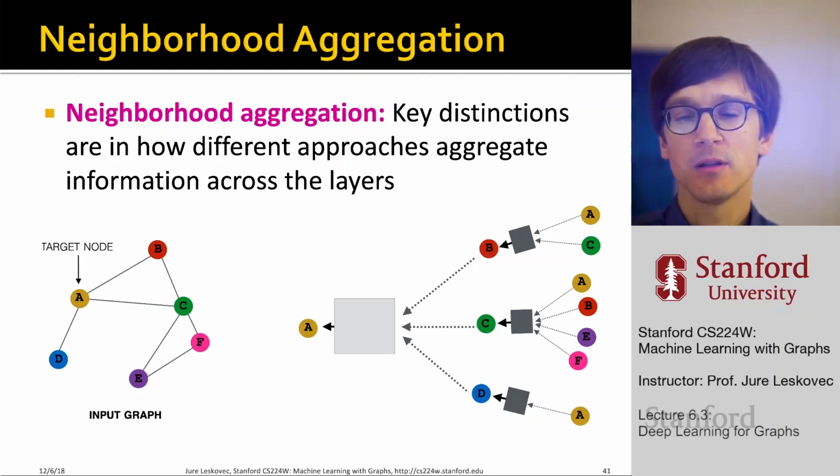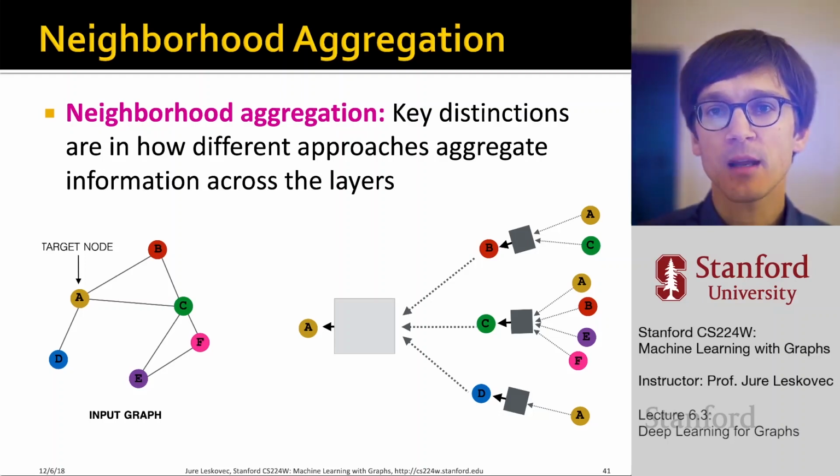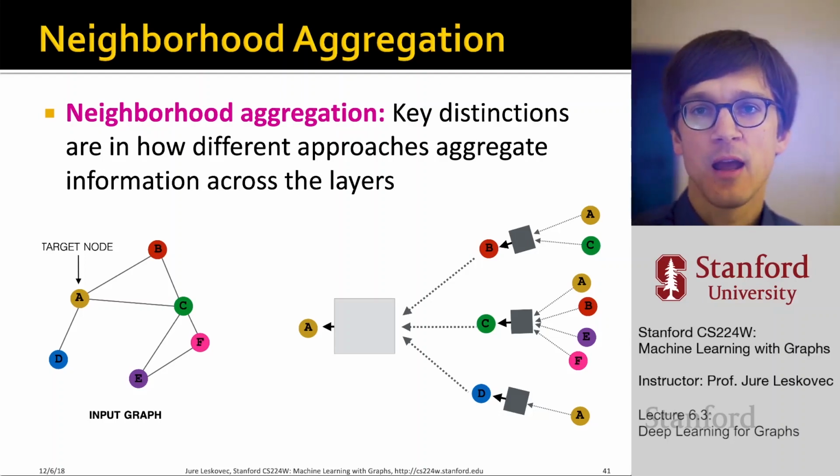One important thing to notice is, because the ordering of the nodes in a graph is arbitrary, this means that we have to have our aggregation operator be permutation invariant, right? So it means that we can order the nodes in any order, and if we aggregate them, the aggregation will always be the same. That's the idea. It doesn't matter in what order we aggregate.